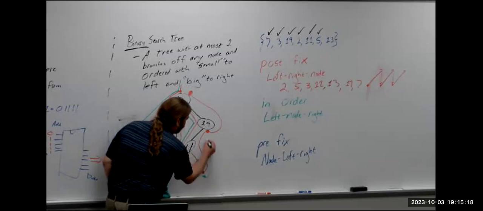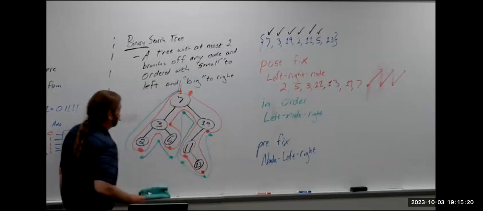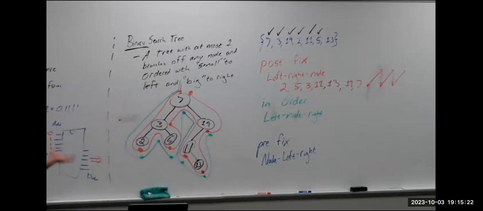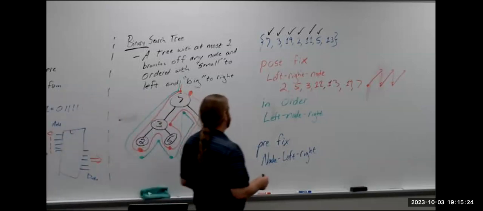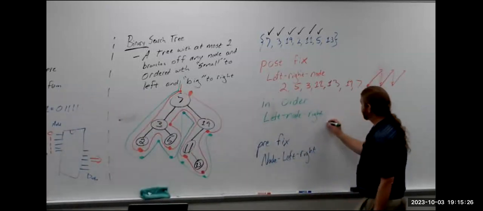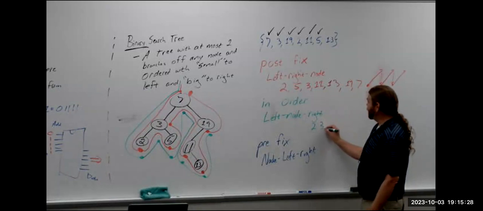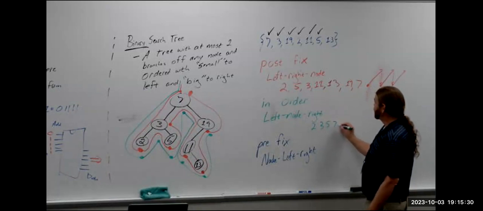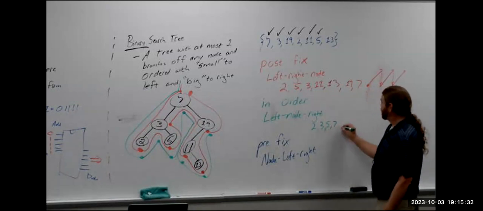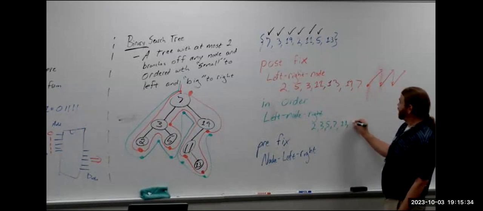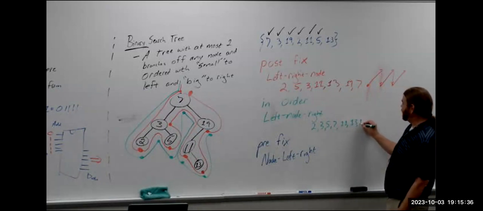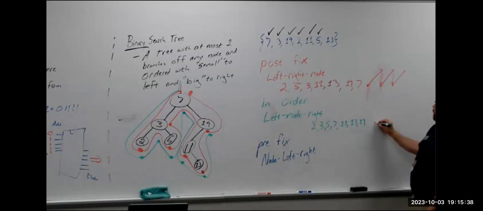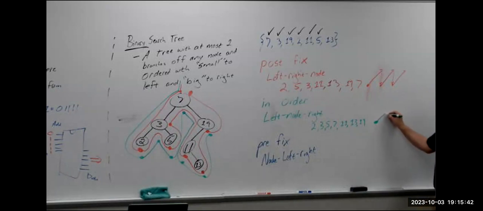Can't go any further right, so we come back and grab the node, and there we are at the 19, and those all went in order, right? 2, 3, 5, 7, 11, 13, 19. The order we're used to. We start at the beginning, we start at our lowest value, and then we just go up. We don't have that back and forth.